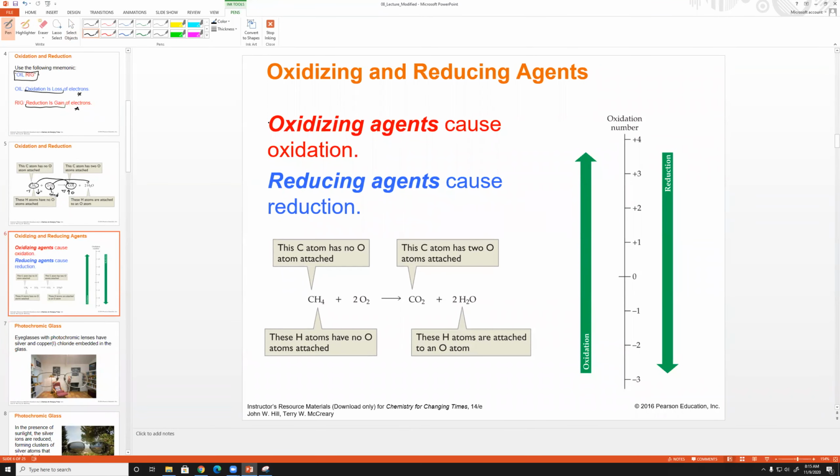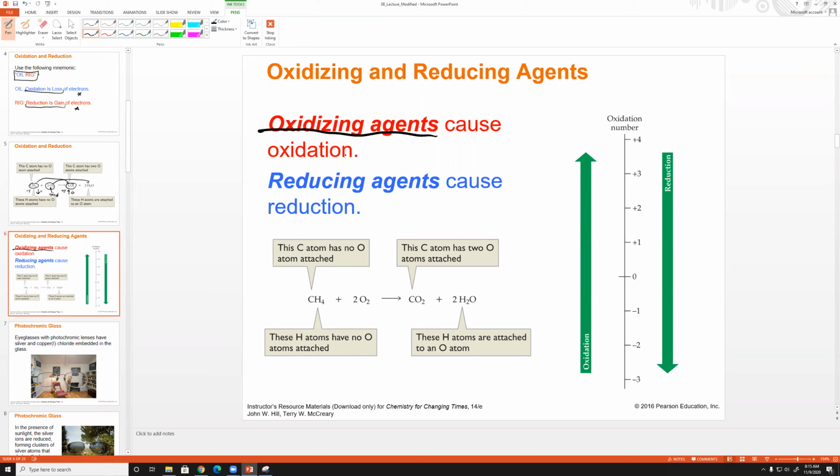Okay, so another way you could think about it is there's these things. A common term is called an oxidizing agent, right? So this oxidizing agent, what it means is it's something that causes the other thing to be oxidized. Now it's a weird way to think about it, but it's the thing that's not being oxidized, but it causes the other thing to be oxidized.